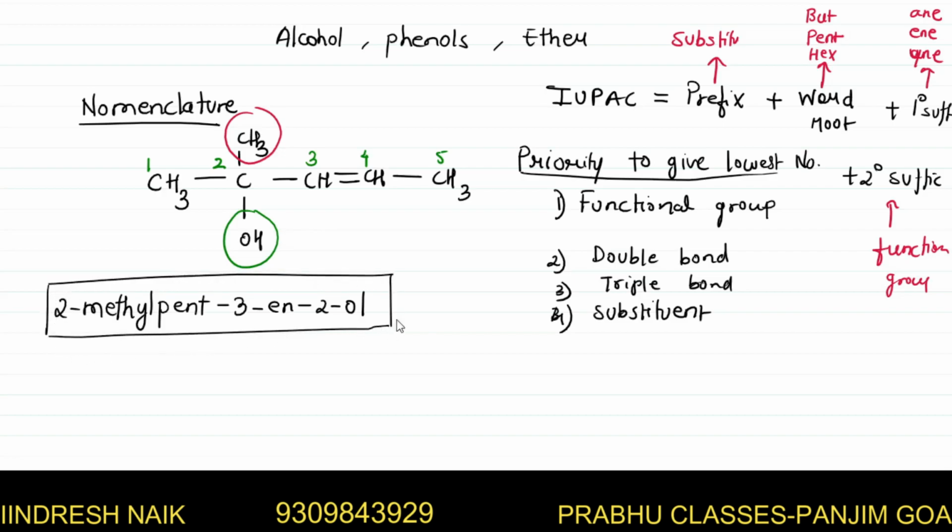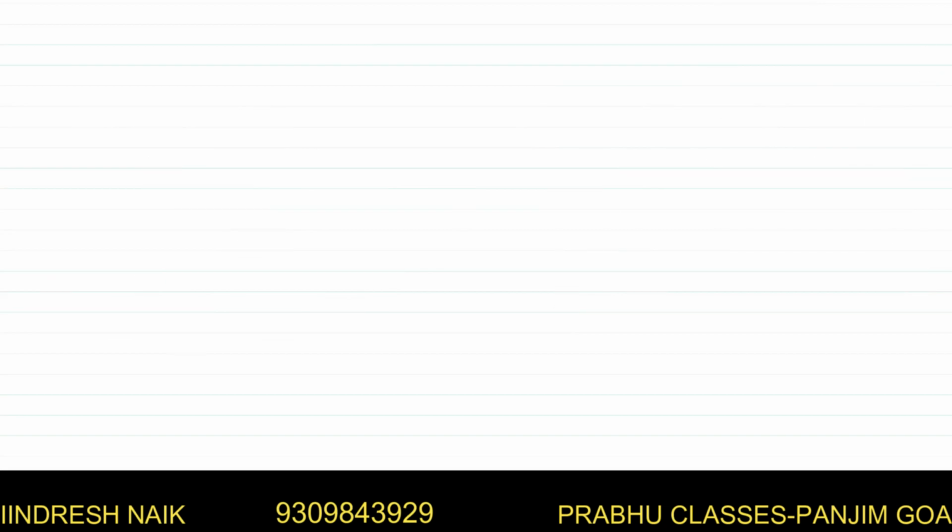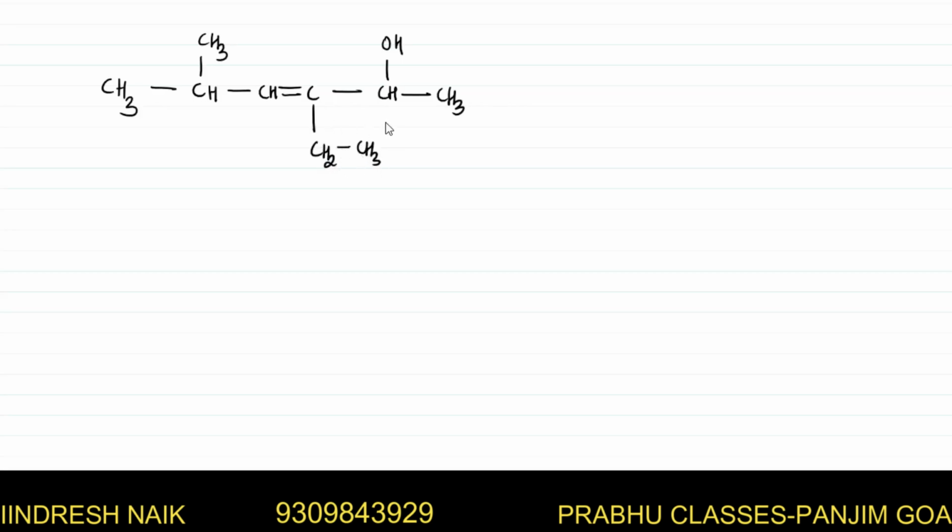We'll take one more example. So this is the compound, and we have to identify the prefix, word root, primary suffix, and secondary suffix.